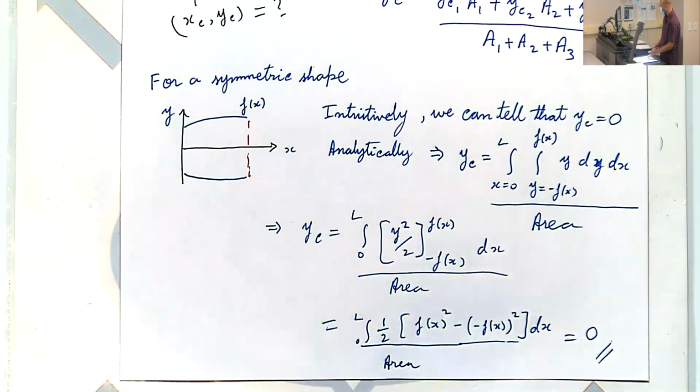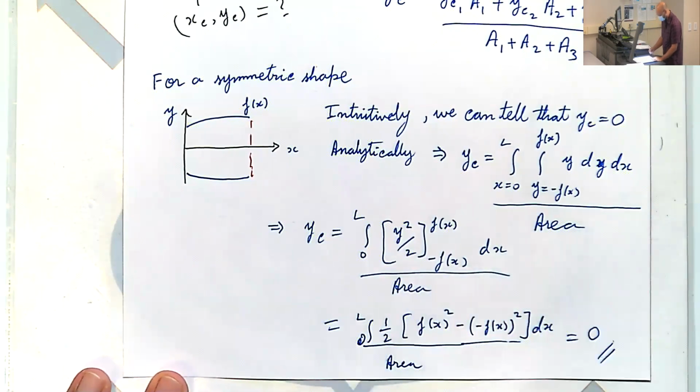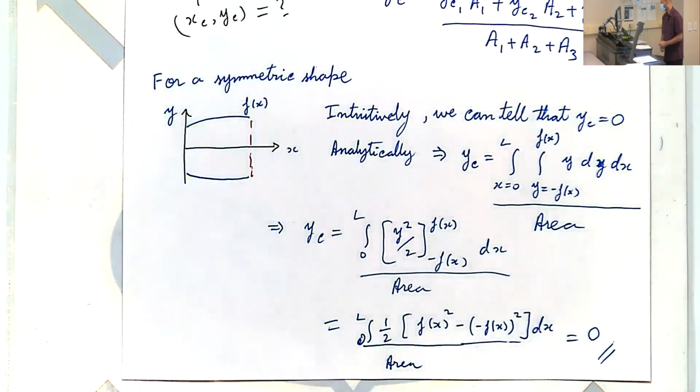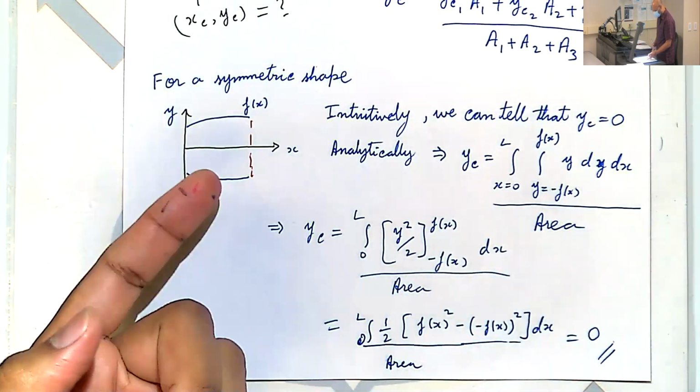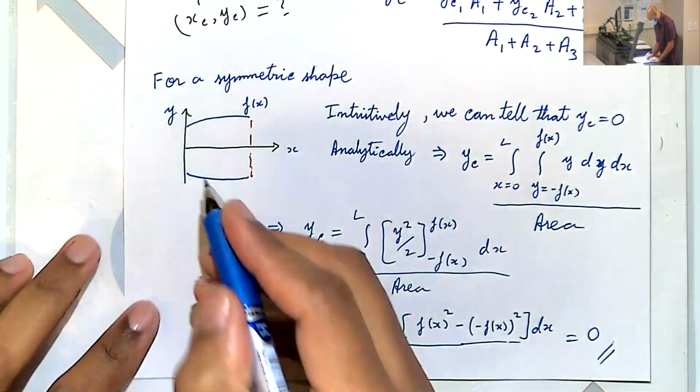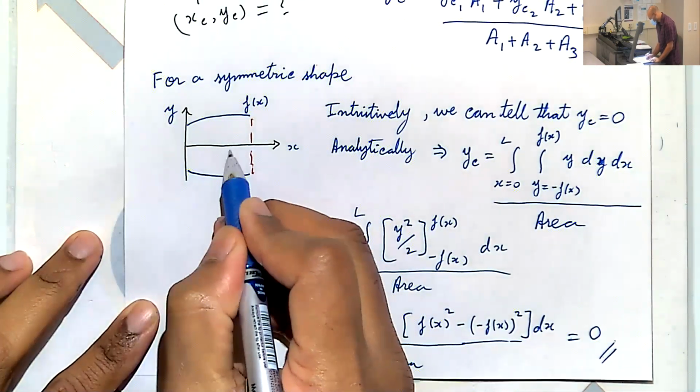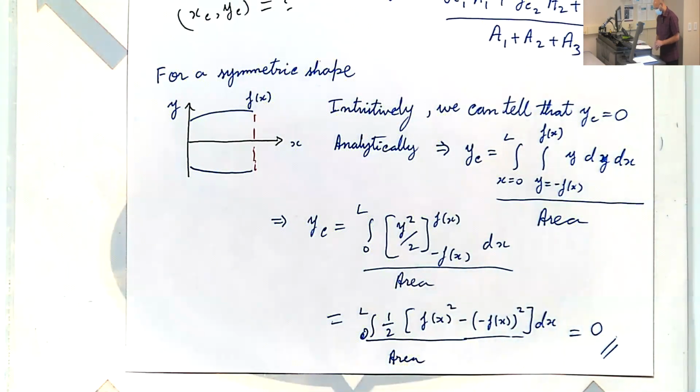Okay, just to convince you that the formulas we have are consistent with what you expect to get. And for x centroid, you can do the integral. It will not come out to be 0. It will come out to be some non-zero value. We expect it to be somewhere here. All good?